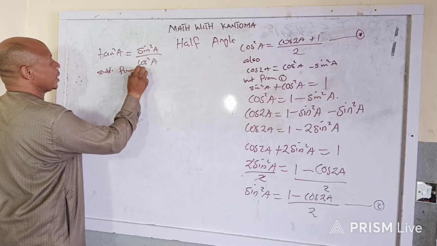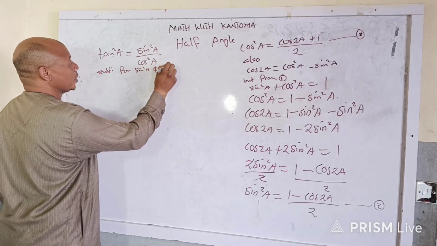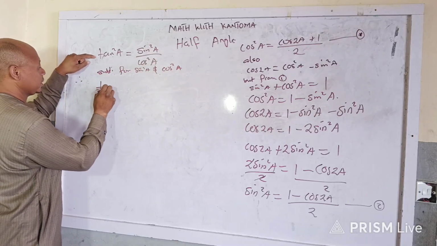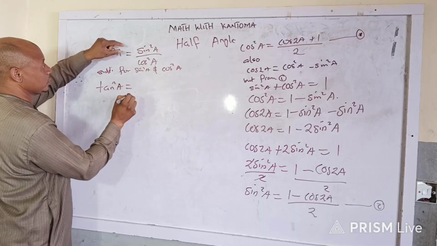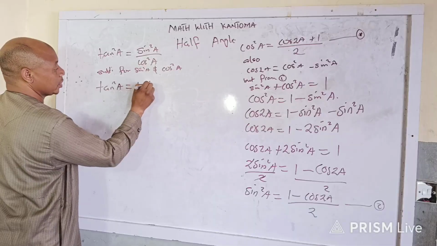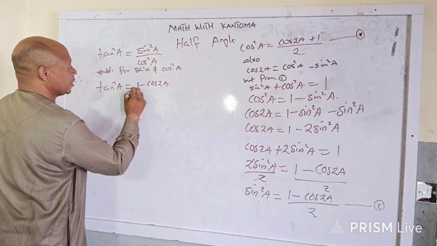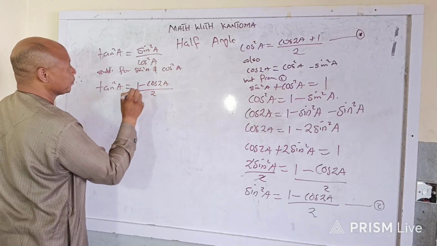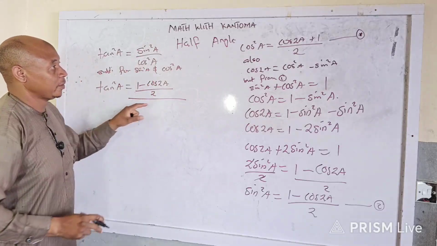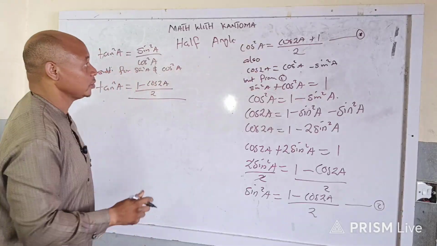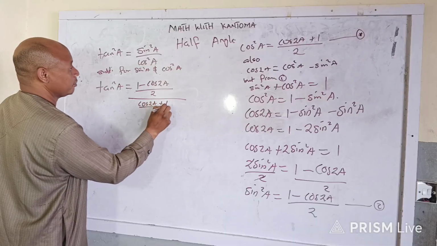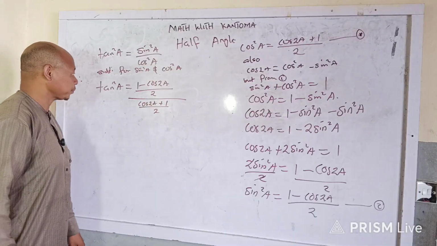Tan square A is equal to, instead of sine square A, I have this function, which is 1 minus cos 2A, divided by 2, and also I have another division sign for cos square A. Now cos square A is this function also, which is cos 2A plus 1, divided by 2 also.